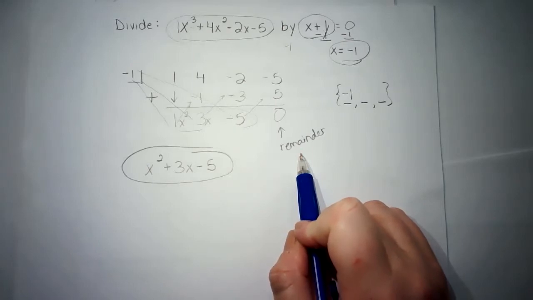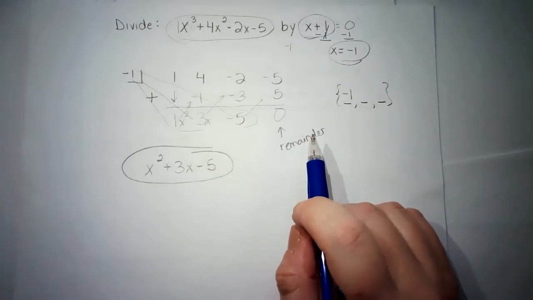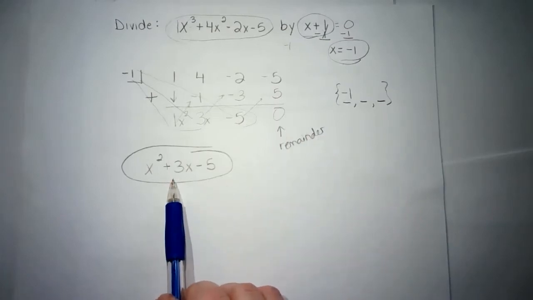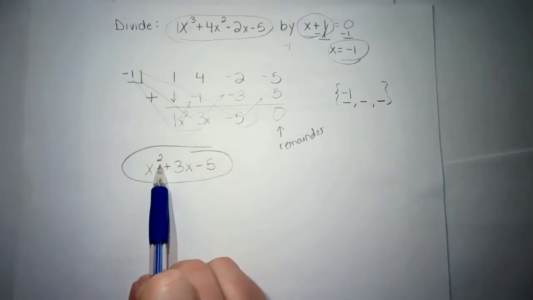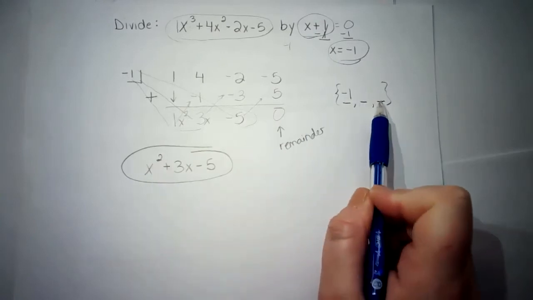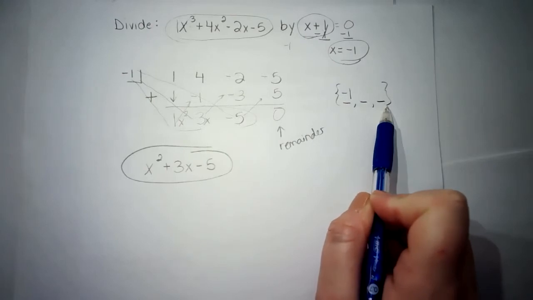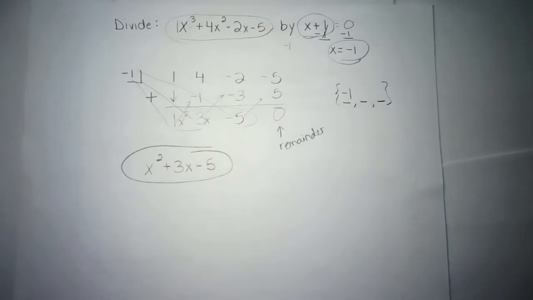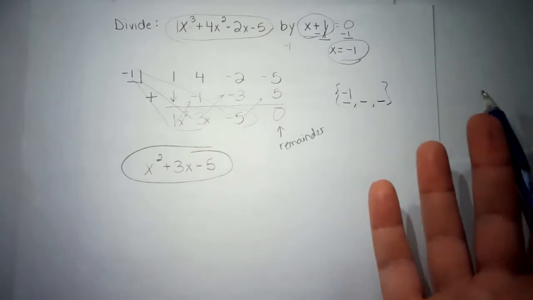It's not a solution. So then what you're going to learn in the next section is that you would then take this little guy. How many answers is he going to have? 2. Guess what they're going to be? These 2. And then you could either factor him, he doesn't factor, or put him in the quadratic formula to find the other 2.